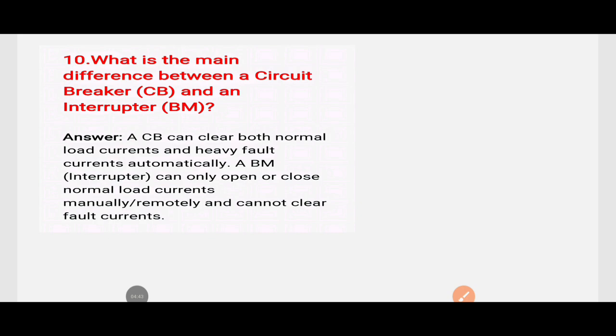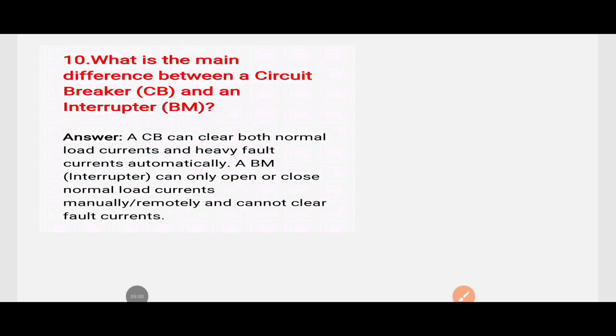An interrupter can only open or close normal load currents manually or remotely, and cannot clear fault currents.